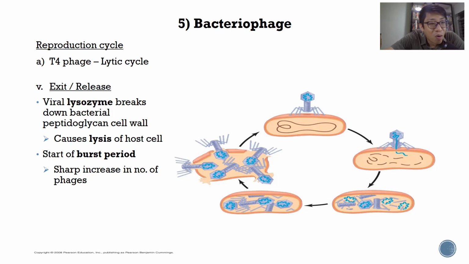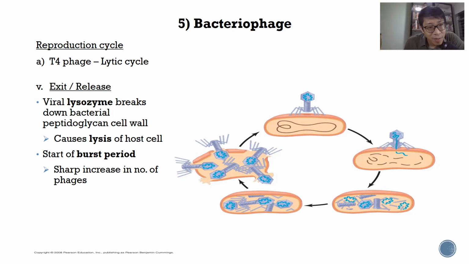So without the cell wall to protect the host cell, the host cell will lyse. Usually the bacterial host cell will be found in an aqueous environment, so water usually would enter the bacterial cell via osmosis. So the cell wall is there to prevent the bursting of the cell.